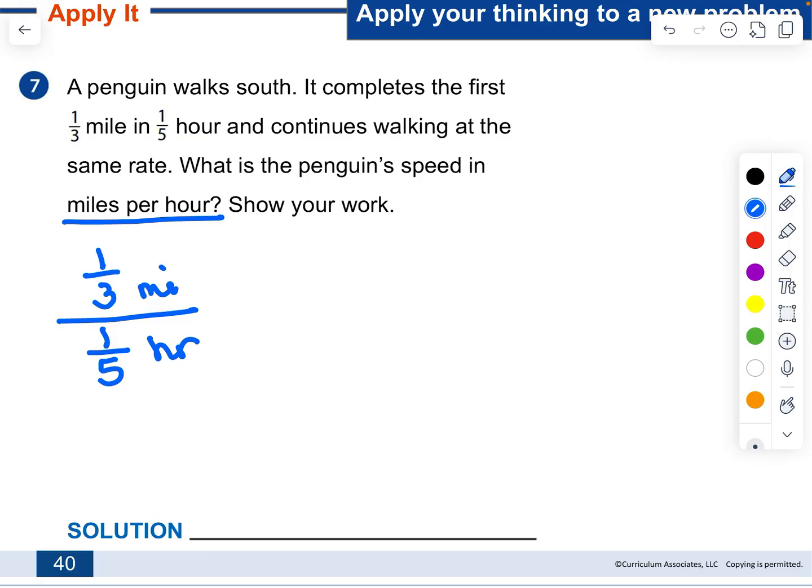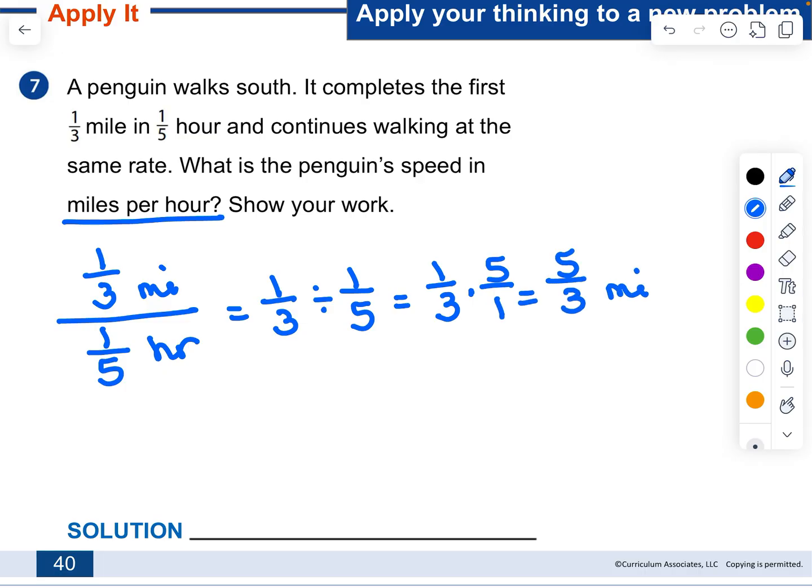I'll give you a head start. You could say 5/3 miles per hour, but in this case, a mixed number is probably a more clear answer, 1 2/3 miles per hour.